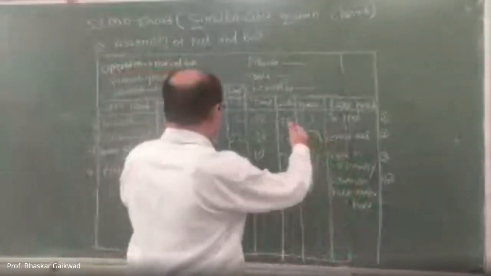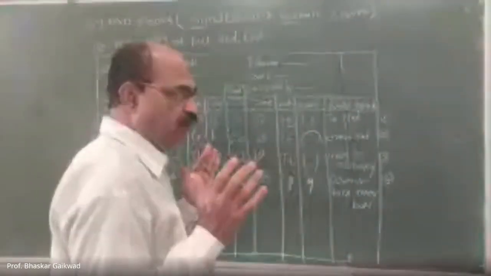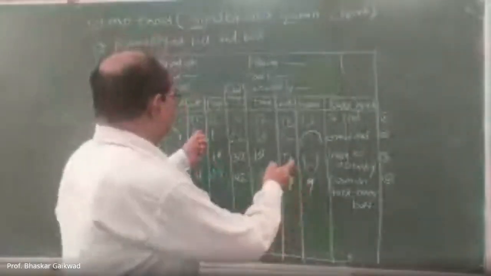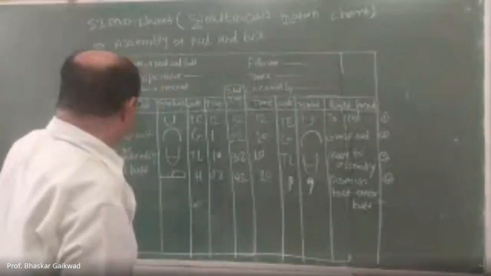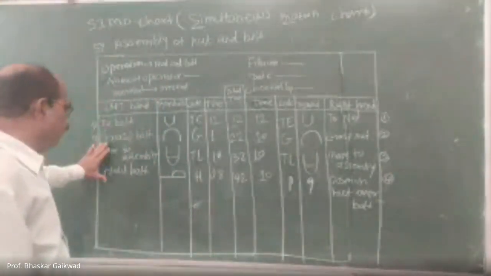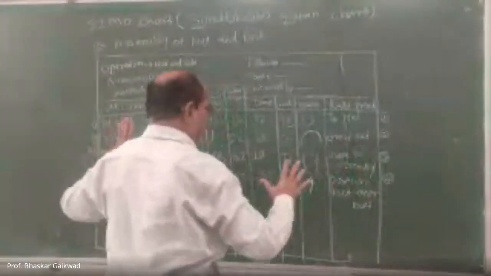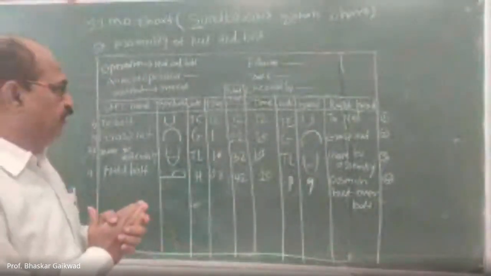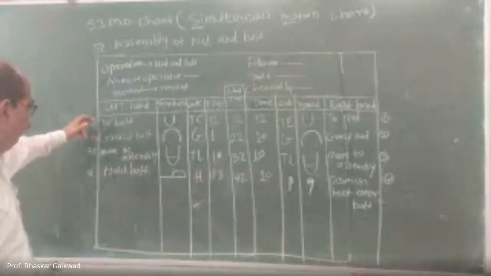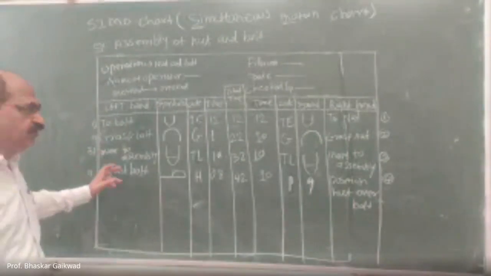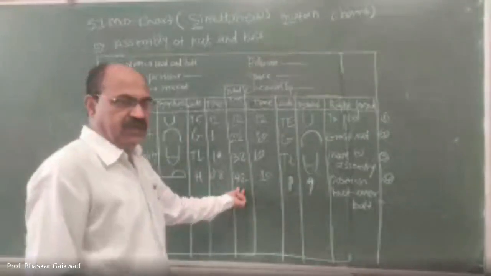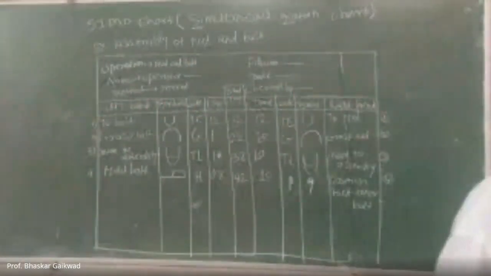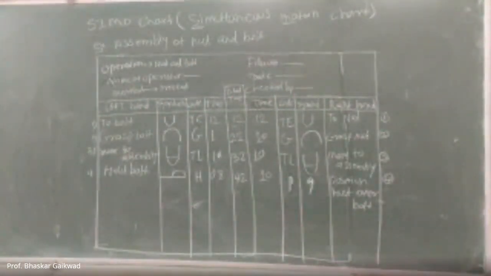Each time you have to record on video. Cumulative time you have to add. And whatever the motions are, you can write this side and this side. Through this, you have to justify each motion, which motions or which time we can reduce, so that the cumulative time should be less. So you have to study in this way.